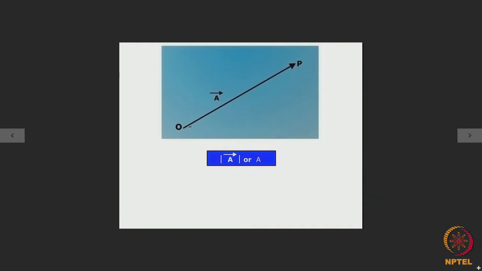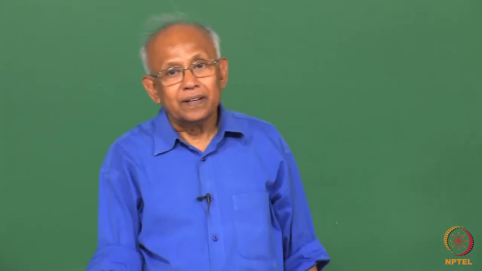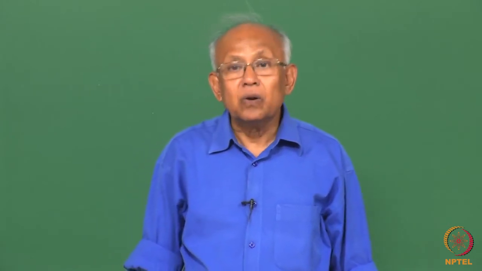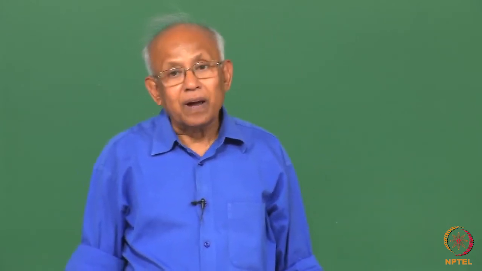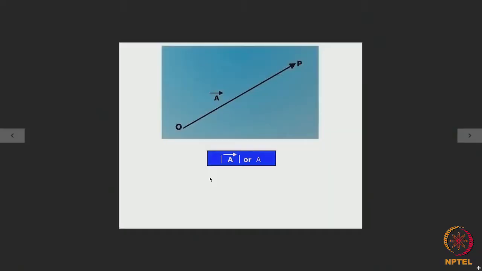So, in this lecture, a letter written in bold will denote a vector, otherwise it is a scalar quantity. The magnitude of the vector A can be written in this manner, or it can also be written simply as A.